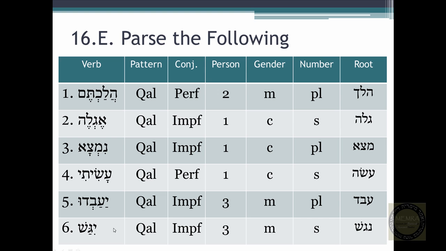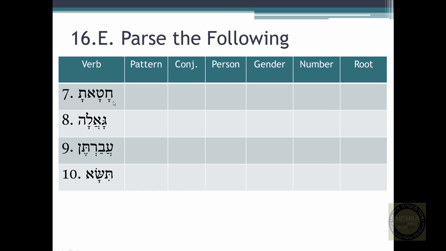So this is actually going to be a prefix, so we have a qal imperfect, third masculine singular from nagash. Number 7, katavta. Is there a prefix? No. So this is a perfect form, qal perfect, second masculine singular. Ga'alah. Is there a prefix? No. It's from ga'al, so this is also a perfect, qal perfect, third feminine singular.